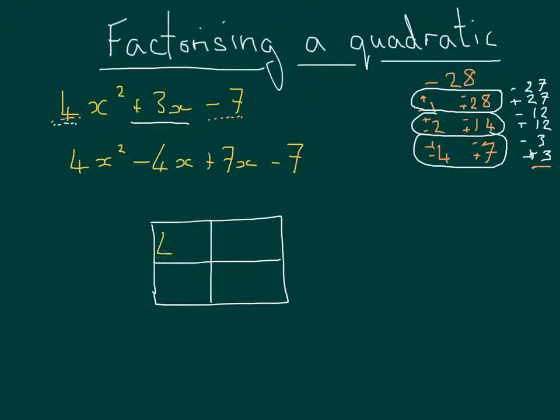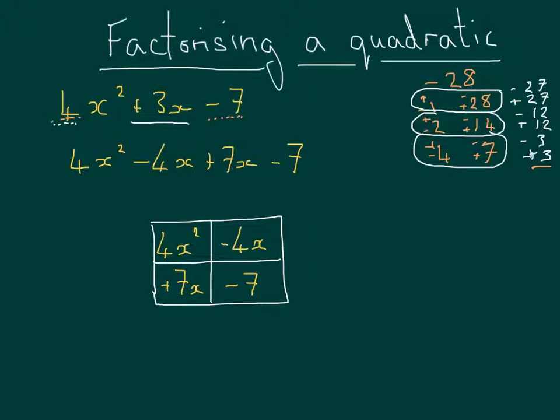And in the first bit, we're going to put our x squared part, so it's 4x squared. Then we're going to put our x component minus 4x, our other x component plus 7x, and finally the number.